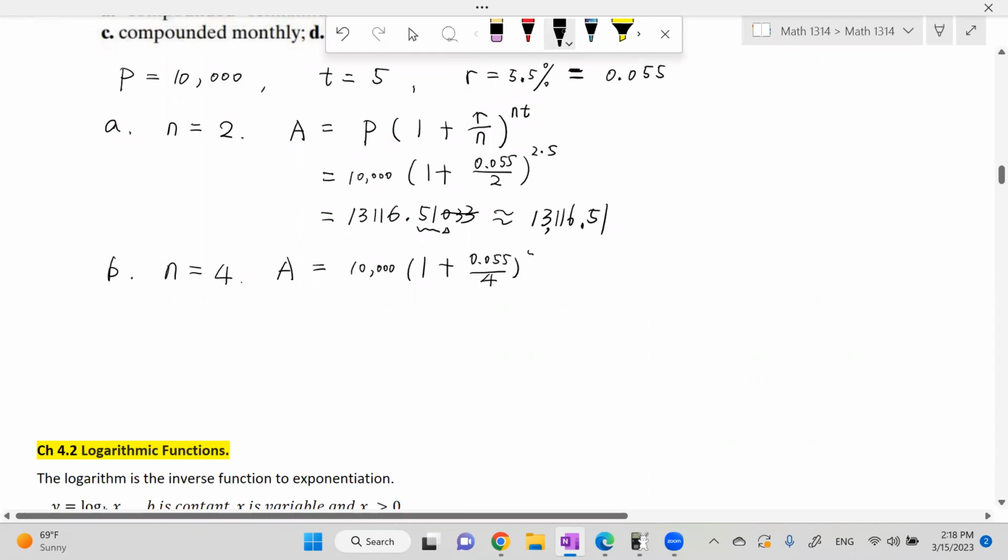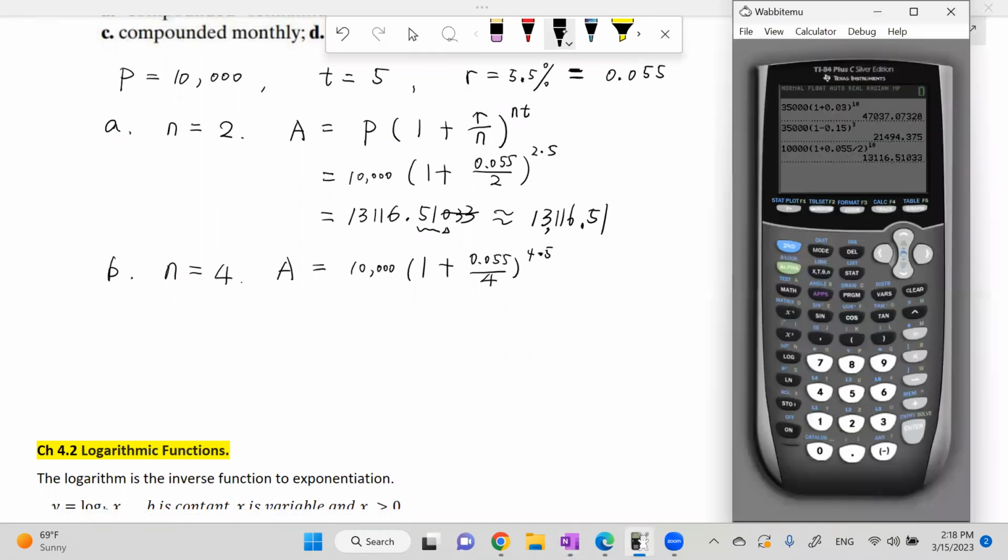N times T is 4 times 5. Let's plug in the formula: 10,000 multiplied by 1 plus 0.055 divided by 4, and then raise it to the 4 times 5. You can put 20, or you can also put 4 times 5. Move the cursor, hit enter.